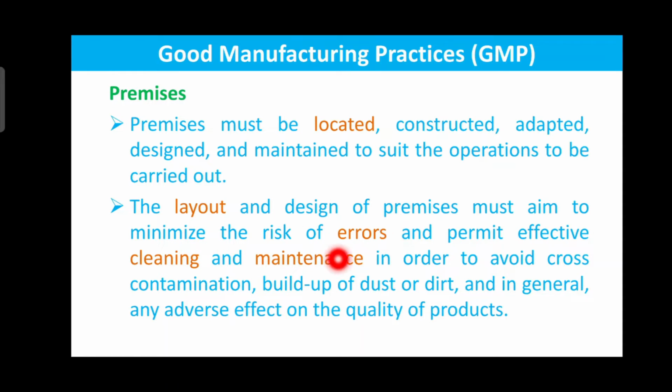Now this is very fundamental to good manufacturing practices. All these guidelines aim to minimize the risk of errors so that the product you get is of quality, not contaminated. So that is the focus, to minimize the risk of errors and contamination and permit effective cleaning and maintenance.